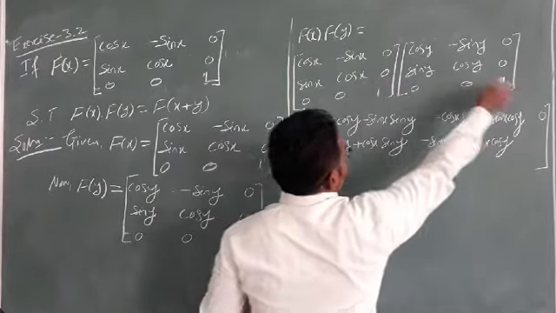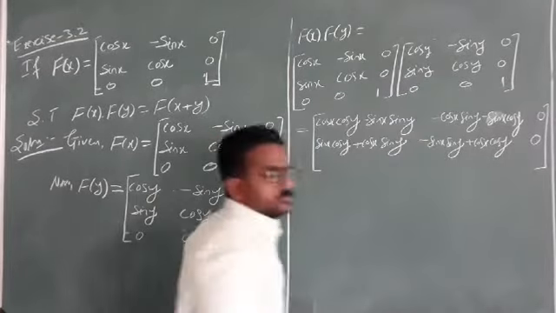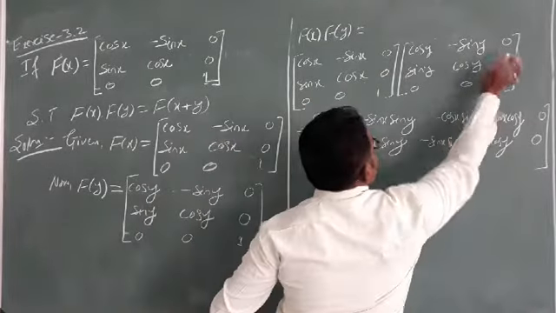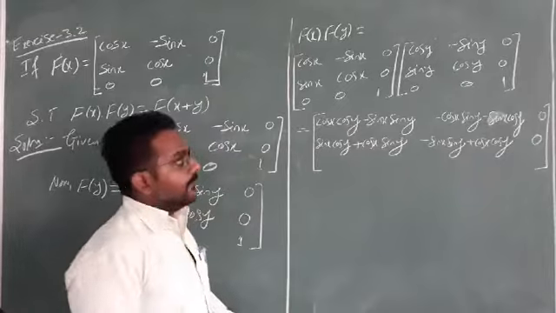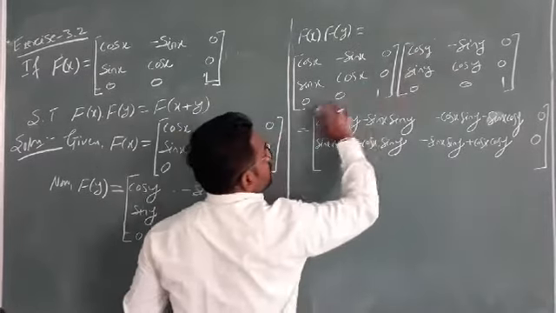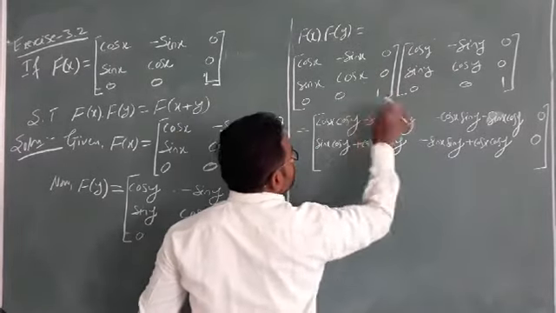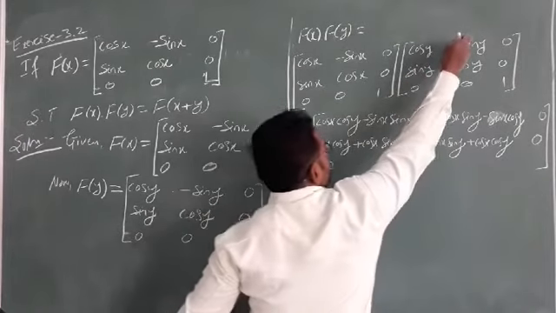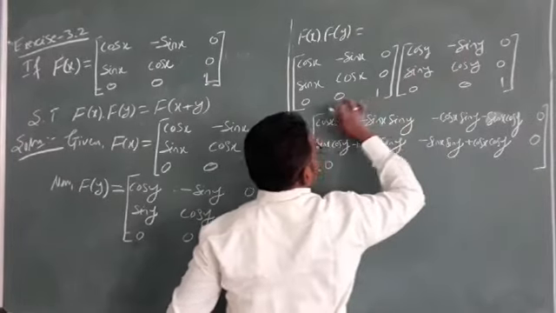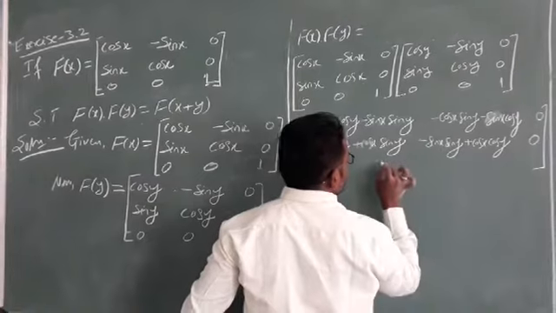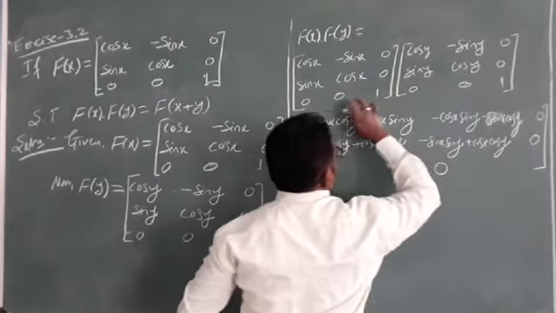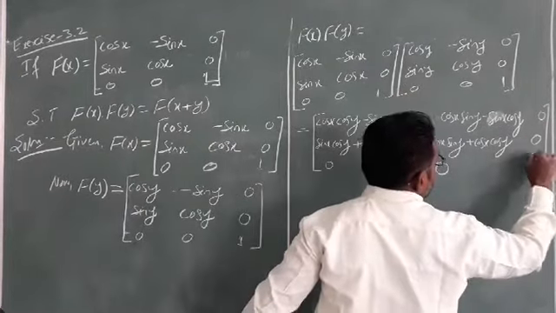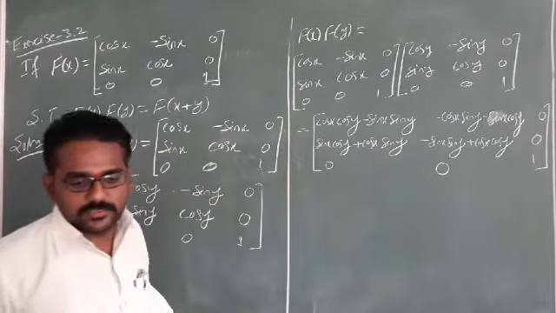Next, it is 0, sin x into 0, cos x into 0, 0 into 1. Next, 0 into 0, 0 into 0, 1 into 1. So adding all that, you get the 1 here, students.